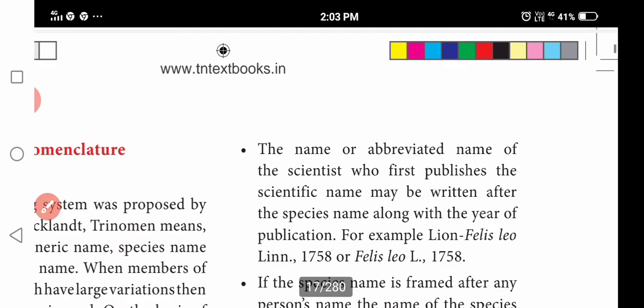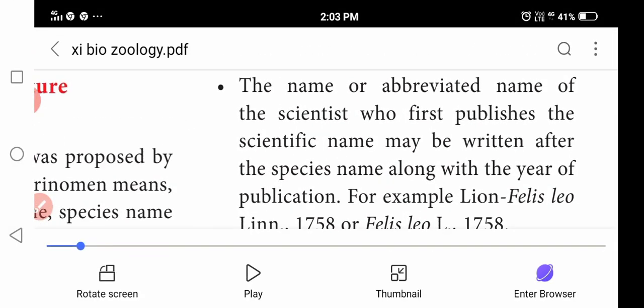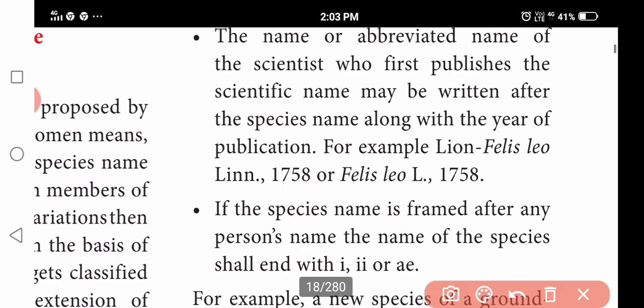Next one is the name or abbreviated name of the scientist, and how it will be added. It is the first publisher's name. The best example is the lion, Panthera leo L. Panthera leo is the zoological name of this lion.